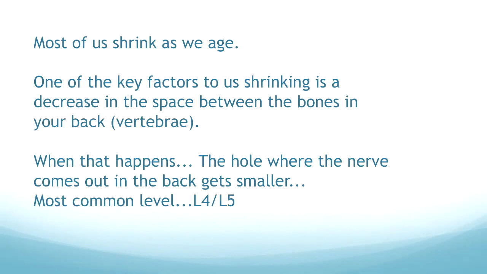And when that space gets smaller, that nerve doesn't have as much room to move around in there freely, so that hole gets smaller and the bone will actually push down on that nerve and cause some pain. So anytime that nerve gets compressed, like that water hose, that'll send that pain signal down into the leg wherever that nerve is compressed in the back.